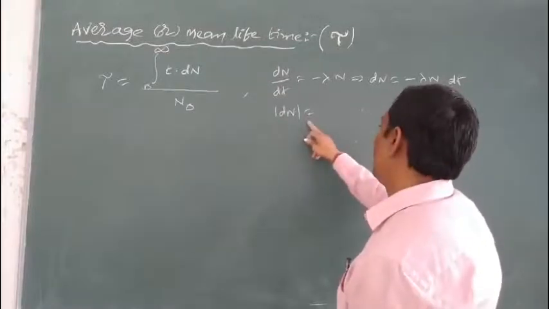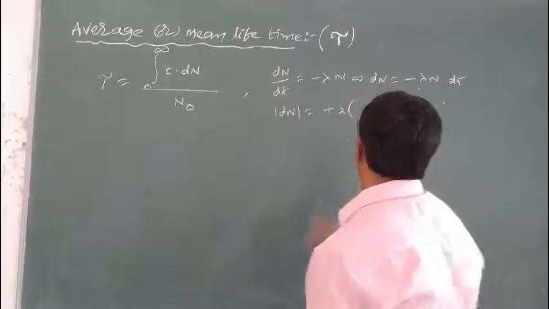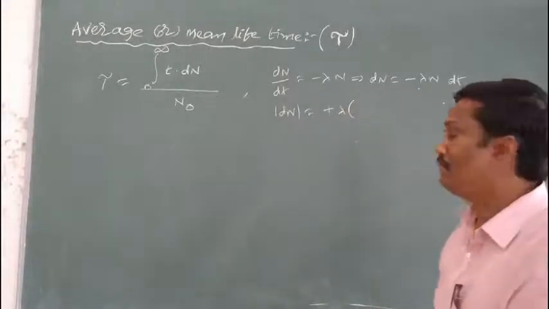So the magnitude of dN means plus lambda N, as we know.